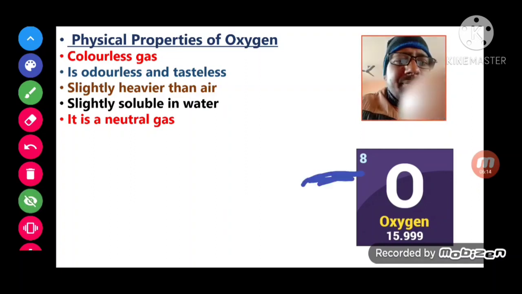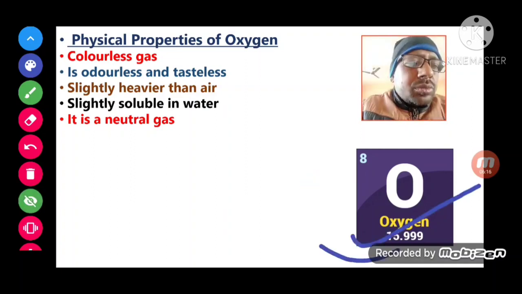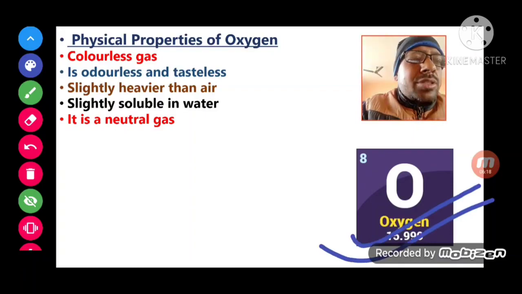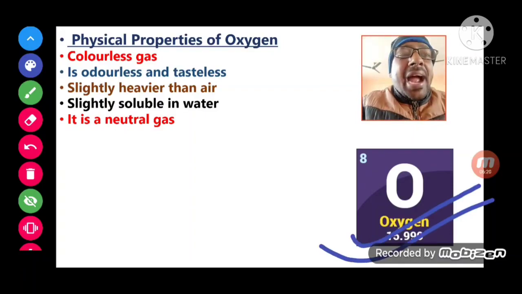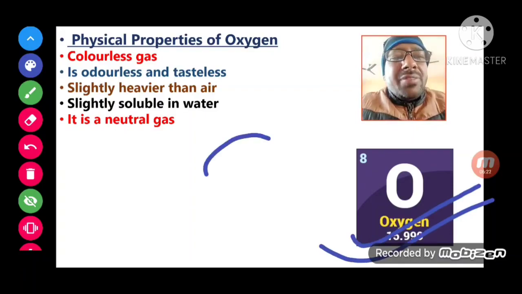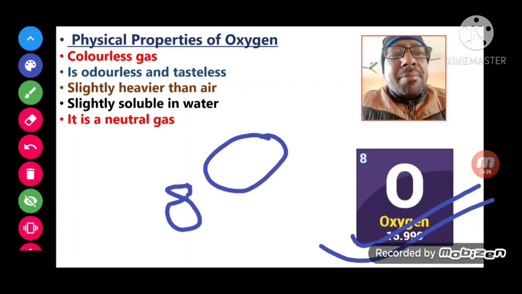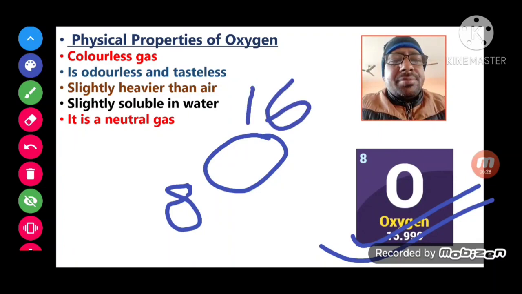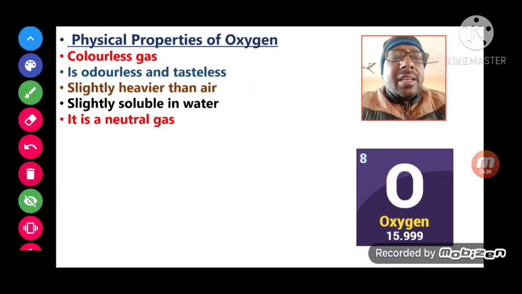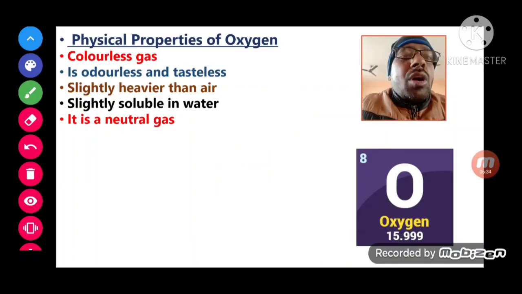And you can see the symbol of oxygen here. It is given O. And what is the atomic mass of oxygen? 16. And atomic number is 8. Already we have discussed. Atomic number is 8 and mass is 16. So it is very clear what is oxygen and what the physical properties of oxygen.